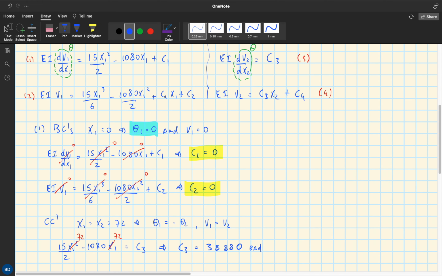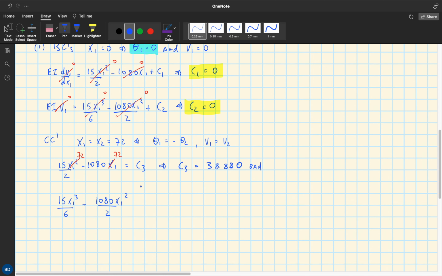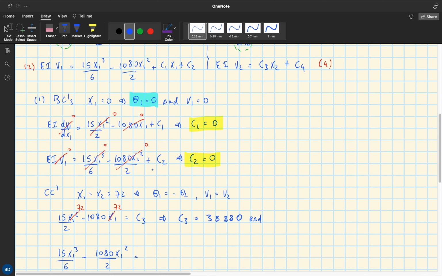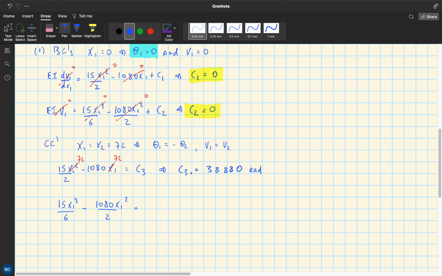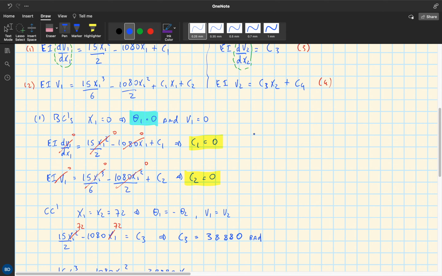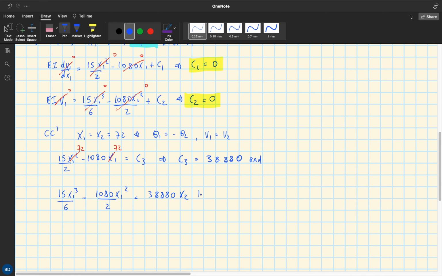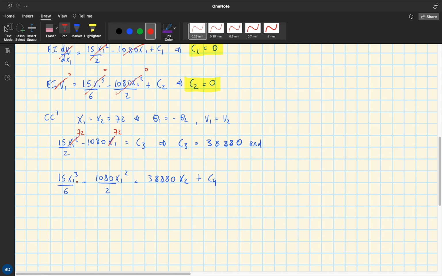C1 and C2 are both 0, so we don't need to plug them in here. And this is going to be equal to C3 times x2, and C3 now is 38,880 times x2, and then we have plus C4. So we go here plus C4. We can see this x1, they are going to be 72, right?